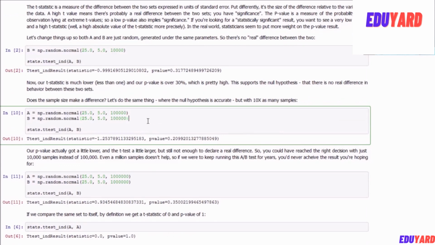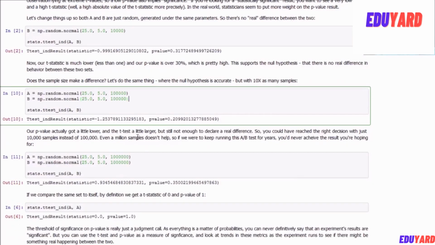You can see here that the p-value got a little bit lower and the t statistic a little bit larger, but it's still not enough to declare a real difference. It's actually going in a direction you would not expect, which is kind of interesting, but they are still high values. Again, it is just the effect of random variance.